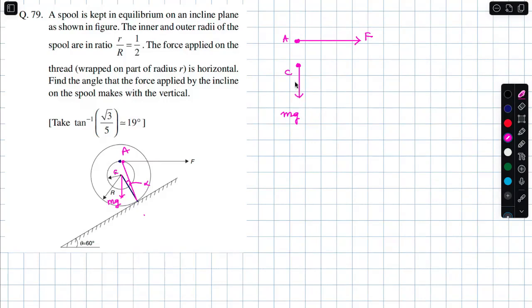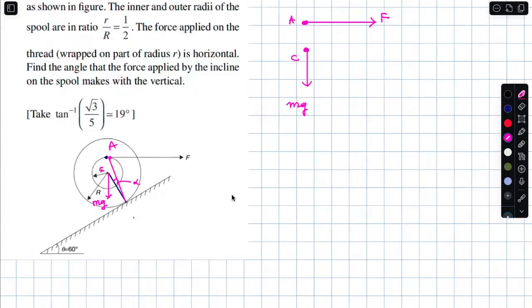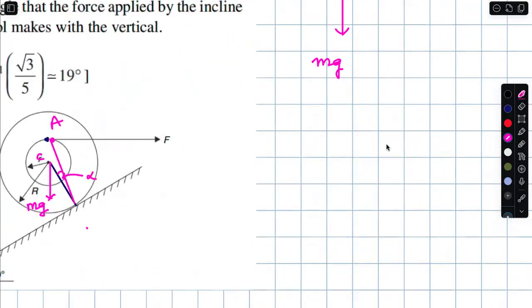But there is a problem if the inclined plane exerts some contact force. What forces could the inclined plane act? One is the normal reaction force, the other is the frictional force.